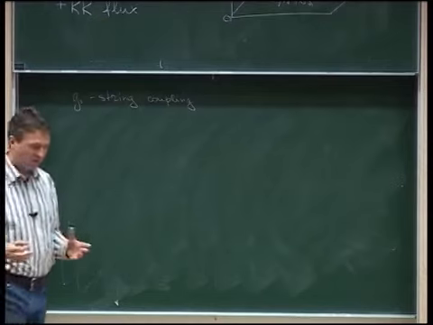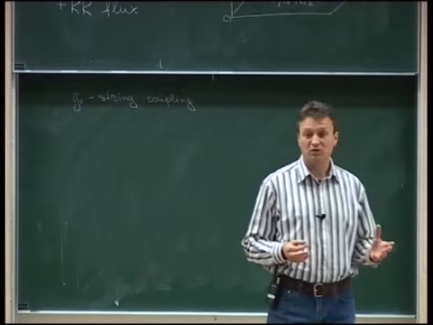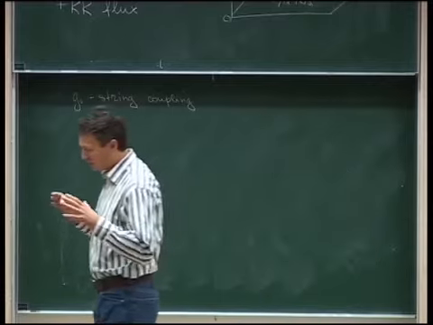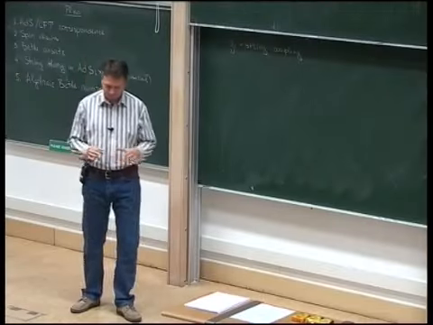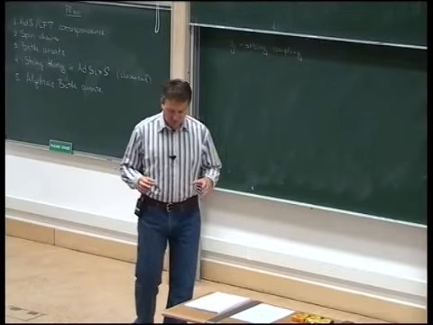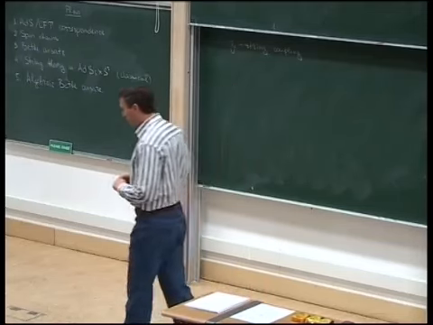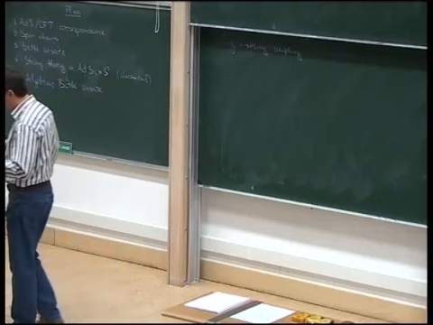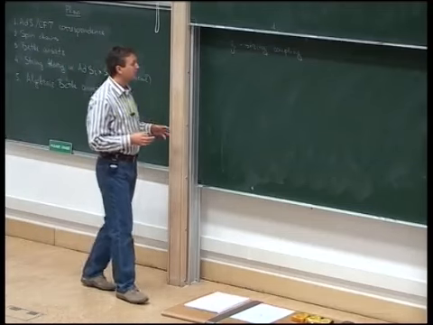And in what follows, I will take this coupling to be strictly 0. So we'll consider strings that do not interact with one another, but still they are allowed to fluctuate. And so the problem is intrinsically quantum mechanical.